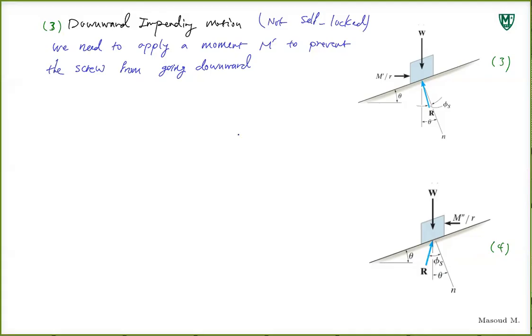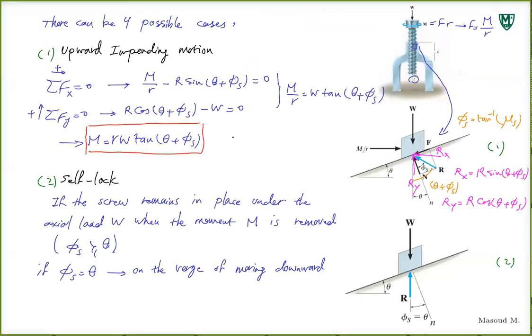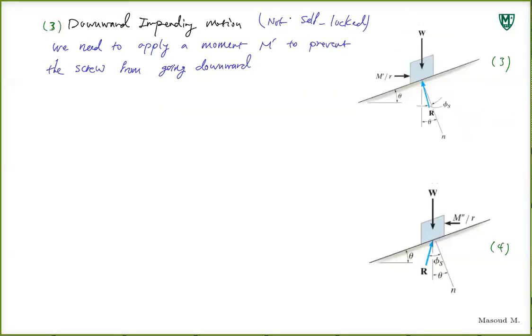Now, if you write the equations of equilibrium, following what we did for the first case and decompose the forces, here is what you're going to get. You're going to get M prime, or the minimum moment you need to stop this screw from going down, would be R W tan(theta minus phi s).